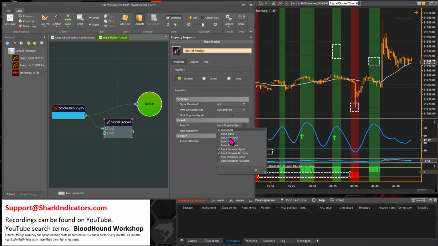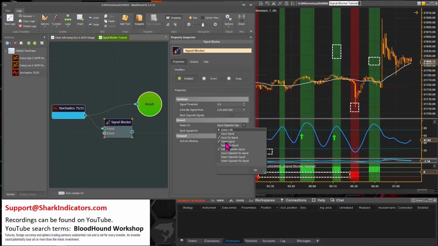You can use no signal, again, in the same direction that's being blocked. Or you can use an opposite signal. I think the most common ones here are going to be opposite signal and possibly no signal.